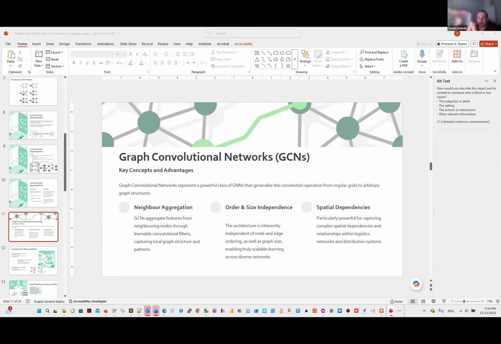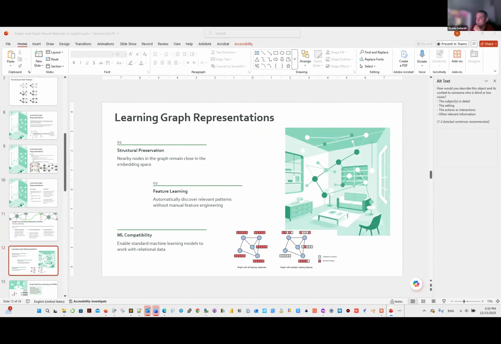GCNs are networks that are independent of the size and independent of the order of the nodes being fed into them, and they are able to capture these dependencies very successfully.